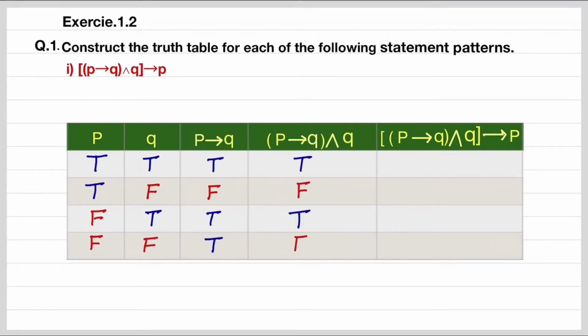Now take implication, where this is the first statement and P is the second statement. When first statement is true and second is false, implication is false. At third entry this implication is false and all other entries are true. This is the truth table for the given statement pattern.